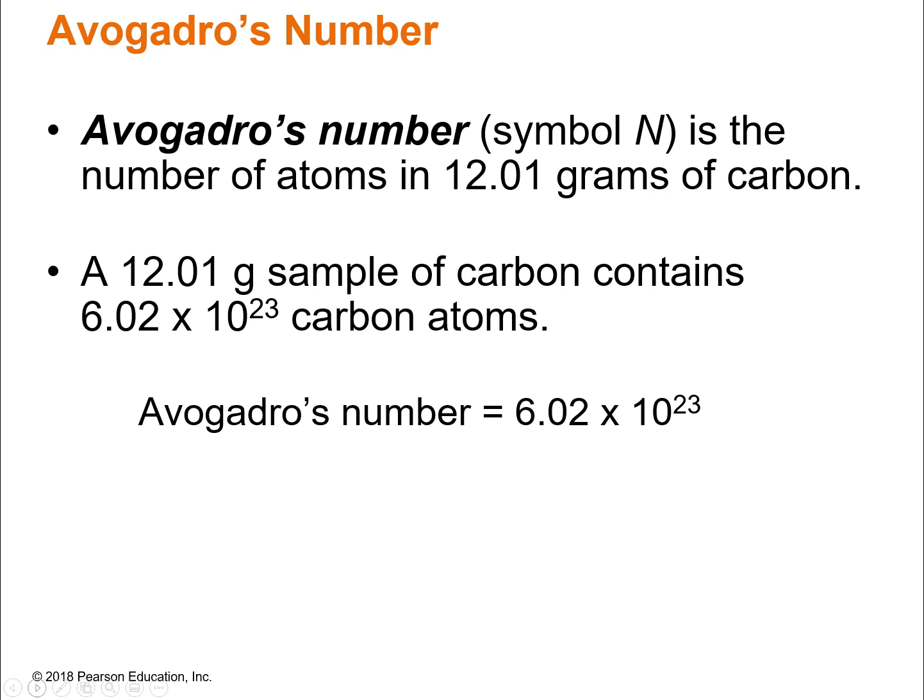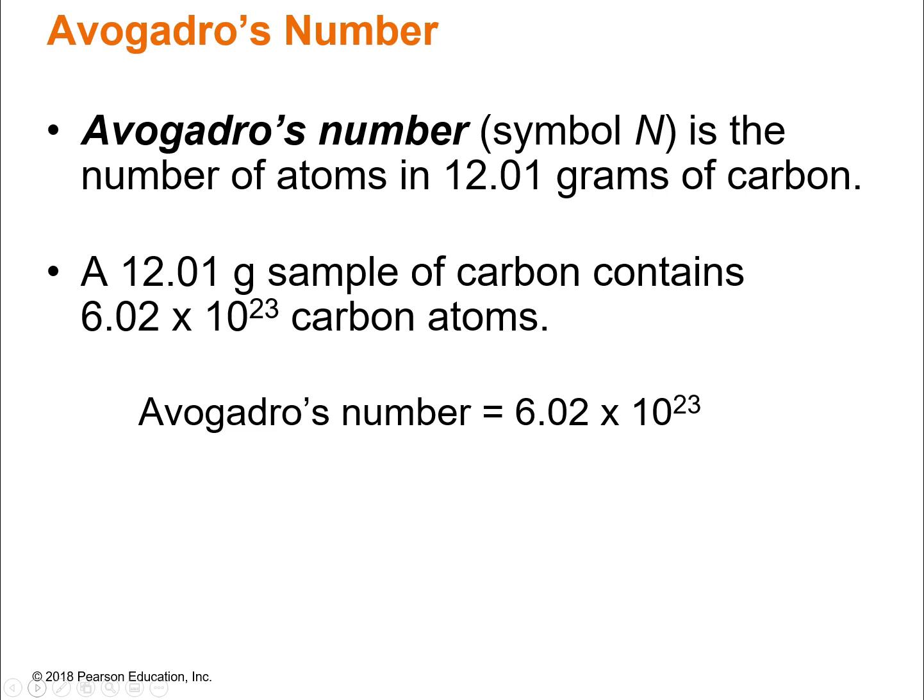So let's talk about the mole and this concept of Avogadro's number. So Avogadro's a guy, okay, chemist, and this number is named after him for good reason. We're not going to talk about the history, but we are going to talk about the number.